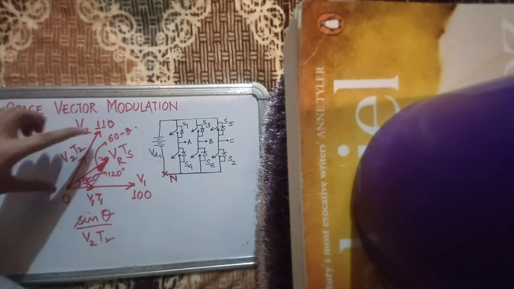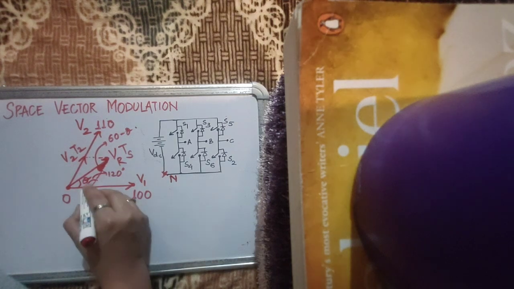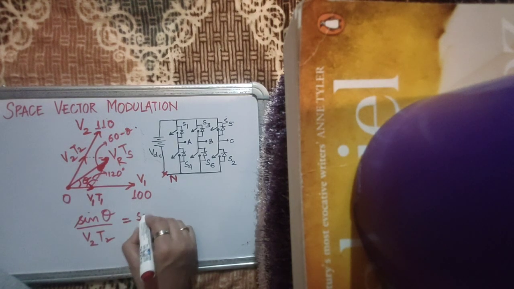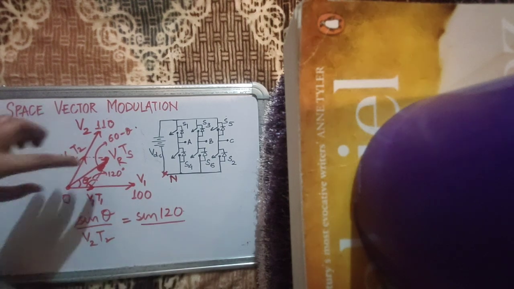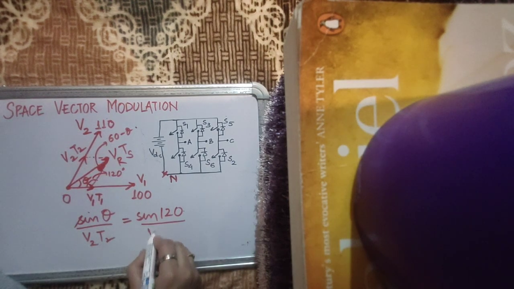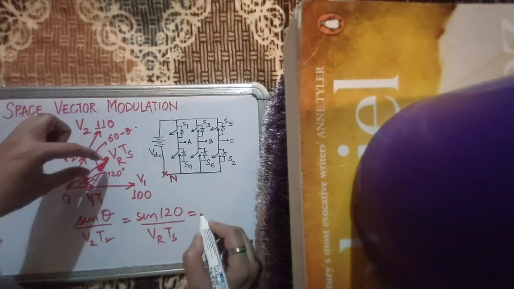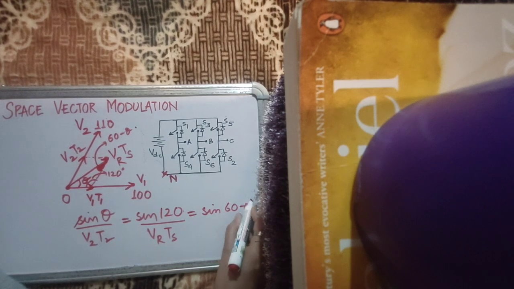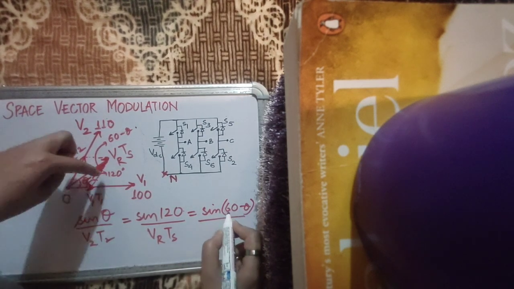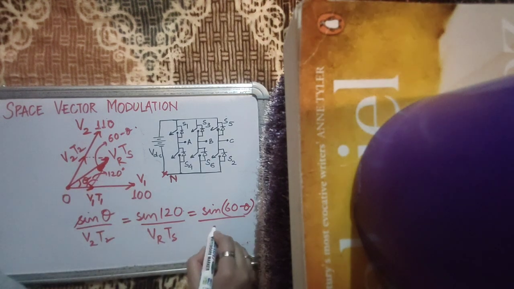That means V2, which has been scaled by T2, is equal to sine of 120 upon VrTs, is equal to sine of 60 minus theta upon V1 T1, that is V1 which has been scaled by T1.